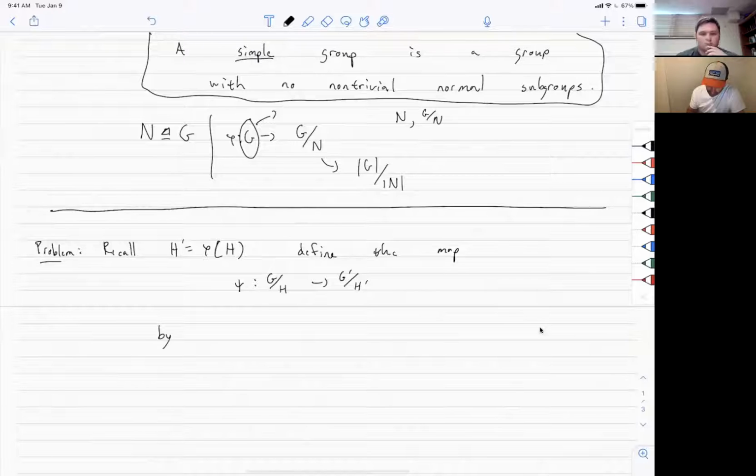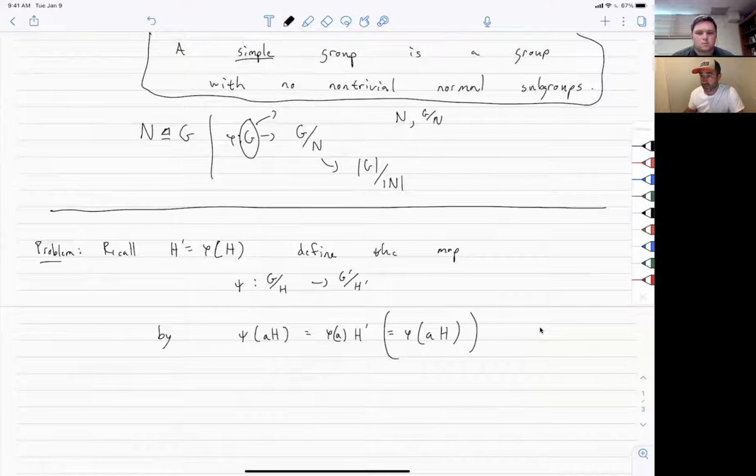So psi of AH is equal to phi of A H prime. I guess what I want to say is this is also equal to phi of AH. Parenthetically, we can see that's equal to phi of H.